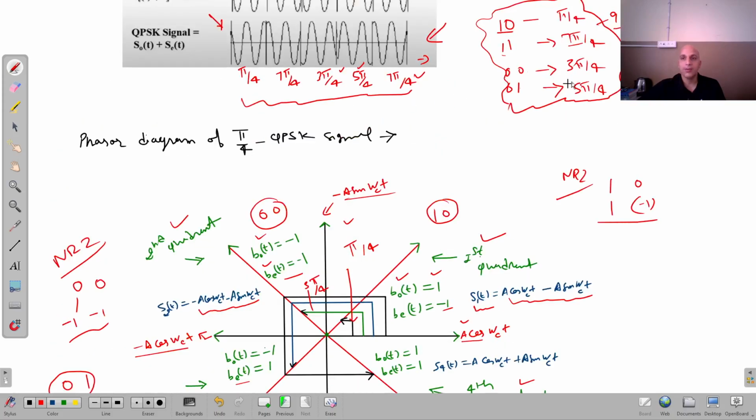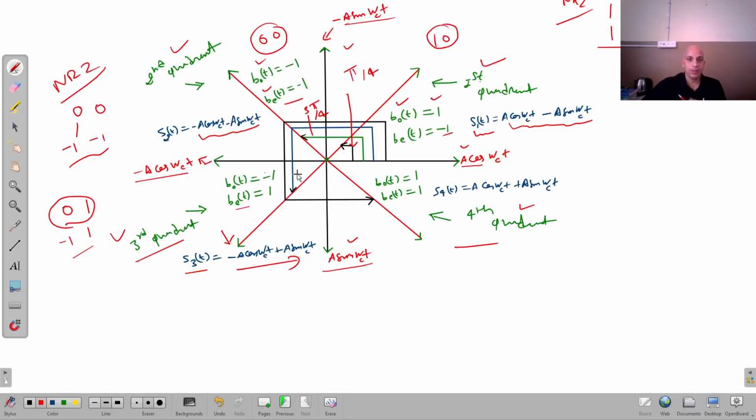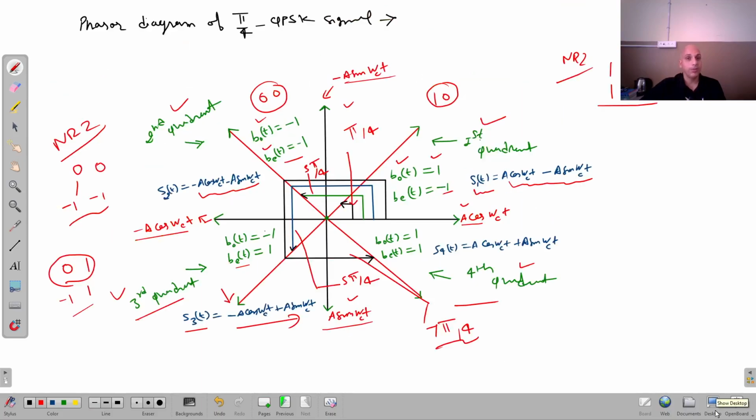Then 0 1 is 5 pi by 4, and similarly it is 7 pi by 4. So these are the different phase angles that are induced in the resultant symbols in the modulated QPSK wave. So this is the phase diagram and the understanding of the phase diagram of this pi by 4 QPSK signal.